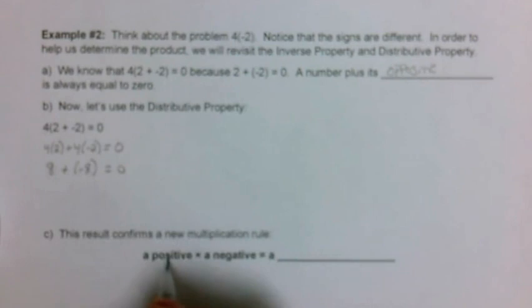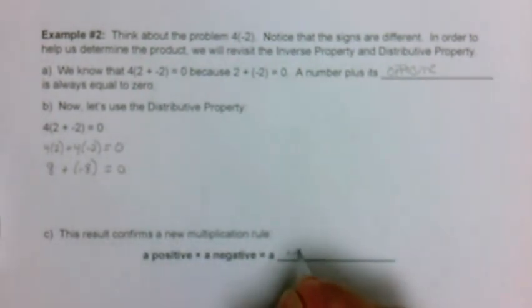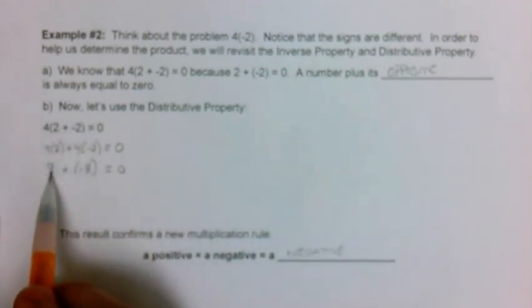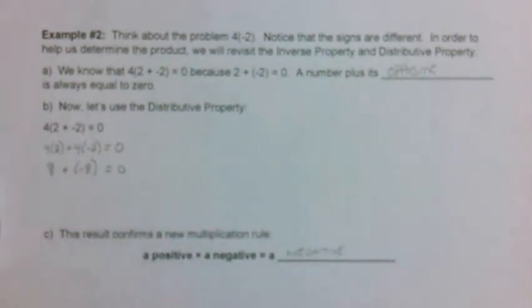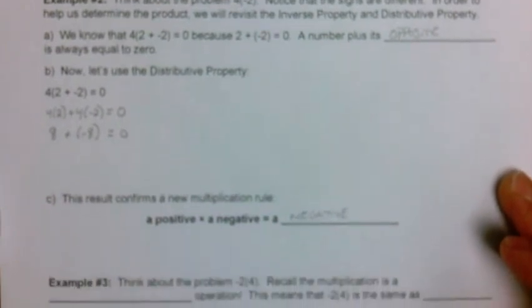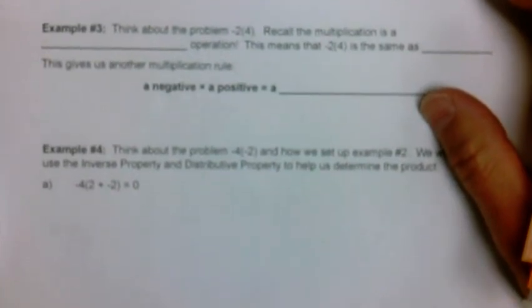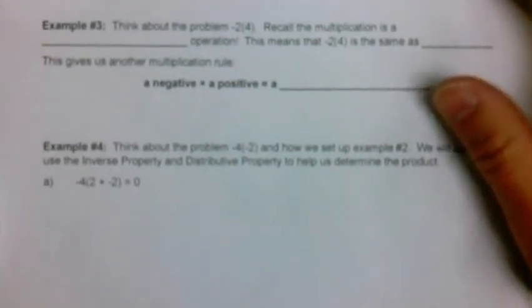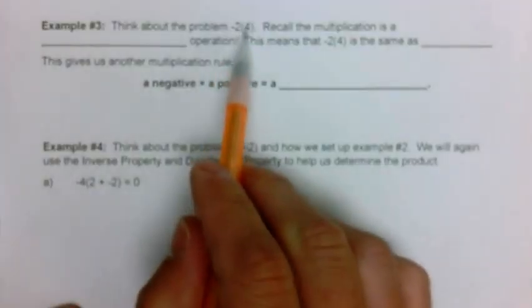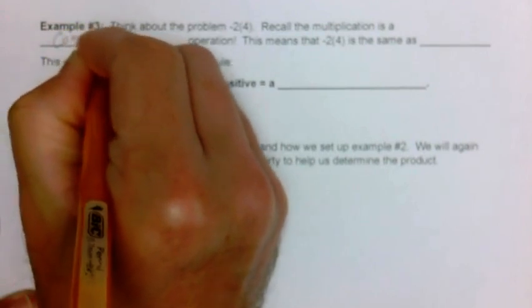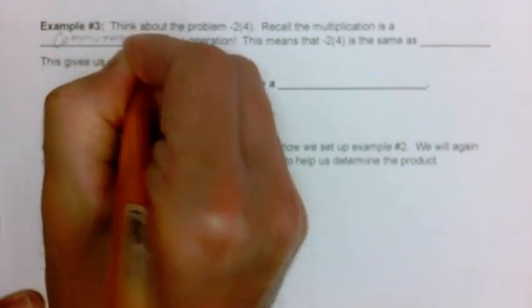So let's fill that in. A positive times a negative is a negative. Since this had to equal 0 and 4 times 2 is 8, that means that 4 times negative 2 had to be negative 8. Now let's check out example number 3. Think about the problem negative 2 times 4. Recall that multiplication is a commutative operation.